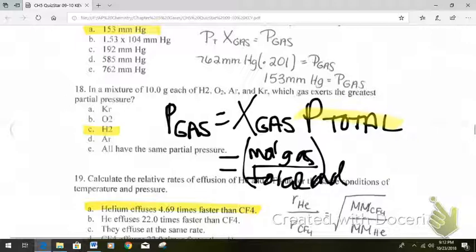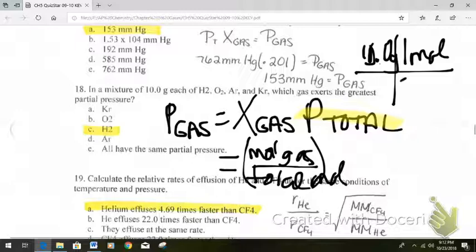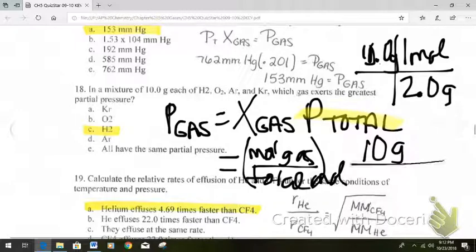And the key is that they all have 10 grams. But how do you get from grams to moles? Of course, it's molar mass. So the key is you would have to convert each one of those 10 grams to moles. And remember, if it's hydrogen, for example, its molar mass is 2. But if it's oxygen, its molar mass is 32.